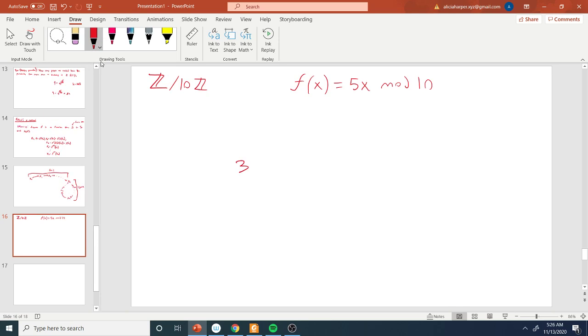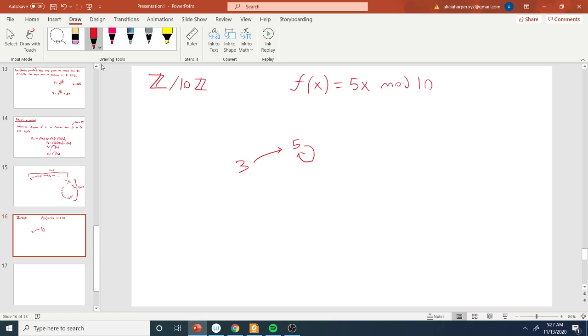So 3, of course, maps to 15, which mod 10 is 5. And then 5 maps to 25, and 25 mod 10 is 5, so you see that you get trapped at 5. 3 goes to 5, and then 5 keeps going to itself under iteration.